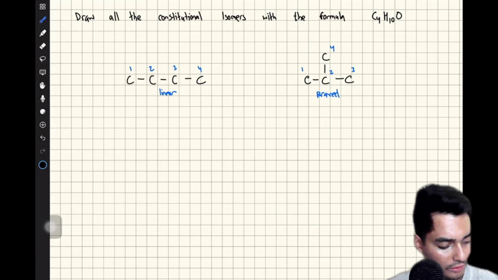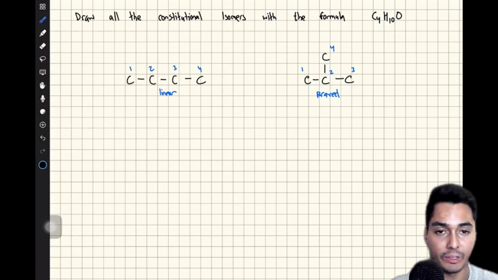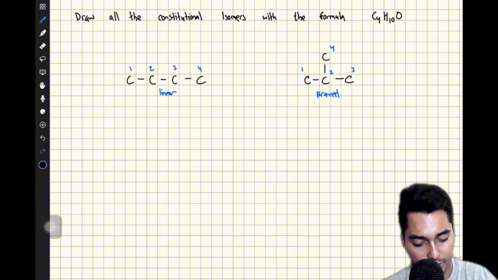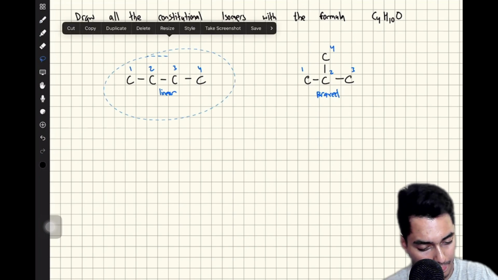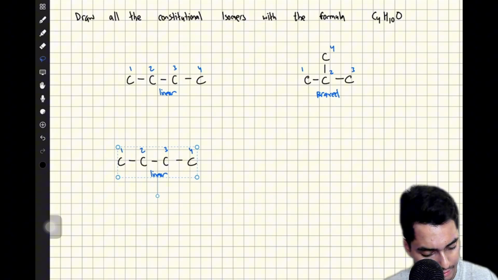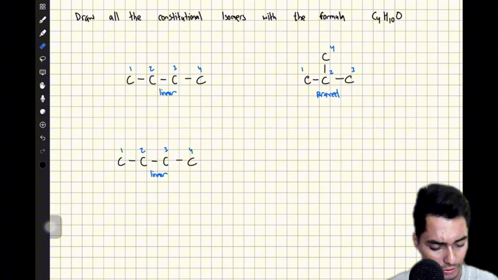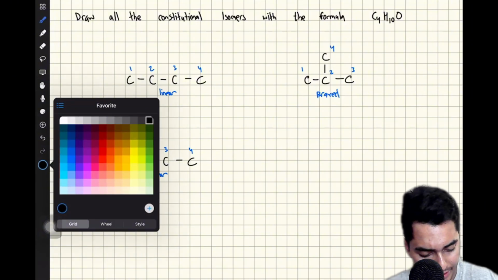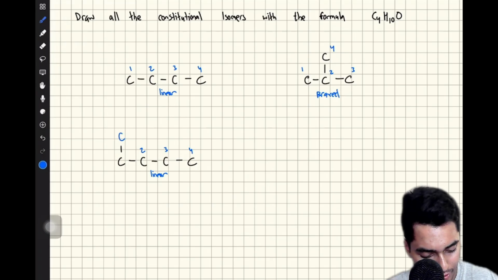Now we're going to have a couple different copies of linear and branched. So first I'm going to start off by having another copy of our linear guy. Like so. And suppose I just put another oxygen that lives right on that first carbon, right over there. Okay?